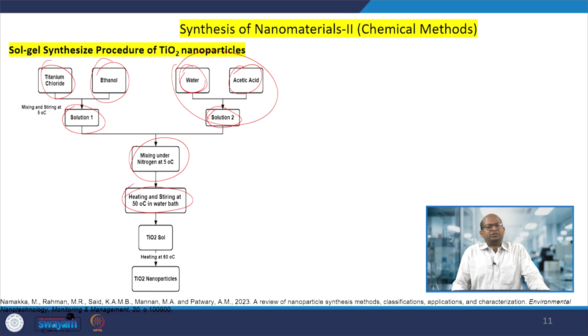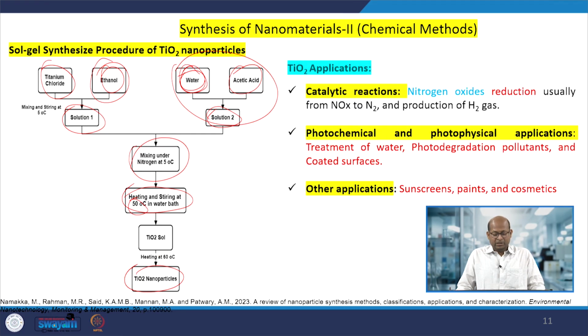Gradually and slowly we can remove the solvents that were taken, here water and ethanol. So, gradually remove them slowly at low temperature. Then gel formation should be there, and once the gel formation is there, gradually it would be heated up and calcined at high temperature, and then we can get these TiO2 nanomaterials.